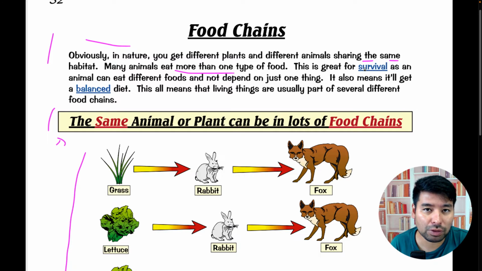Porque uma planta é um ser vivo também, né? A gente traduz no português como seres vivos. Are usually part of several, ou seja, normalmente, usualmente, eles são parte desse grande. Several é a mesma coisa many. Essa grande cadeia de diferentes cadeias alimentares. A gente tem vários tipos aqui, alright?